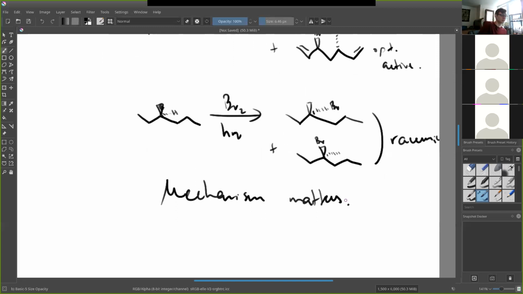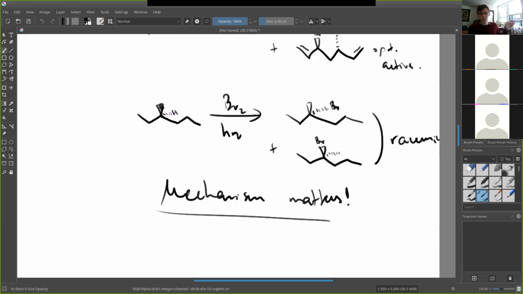The reason you wind up getting this is that once you pluck off this hydrogen, you get a radical. And radicals are sp2 hybridized. sp2 hybridized things aren't chiral centers. They can't be.